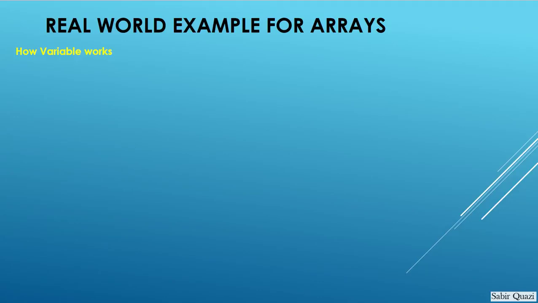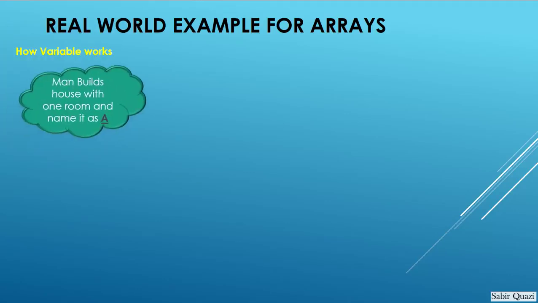So guys, let's go through a real time example and relate it with variables and arrays simultaneously, so that we can get the clear idea of why do we need arrays in our programming. So what happens?